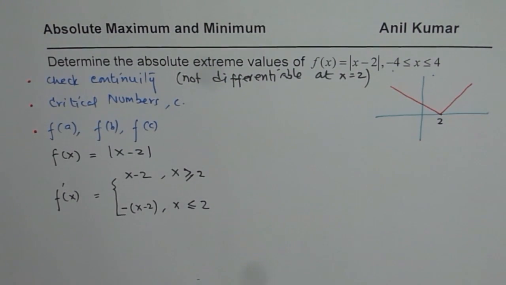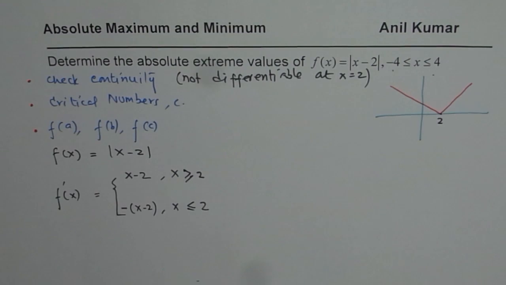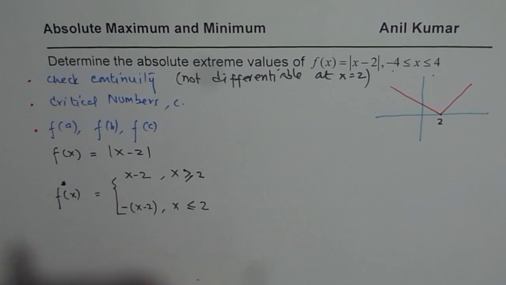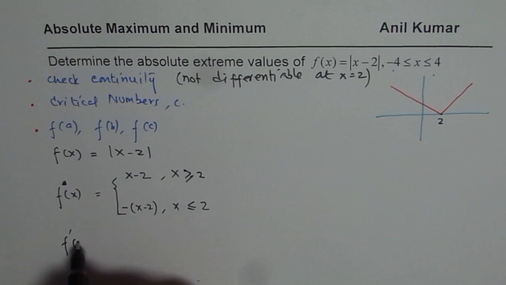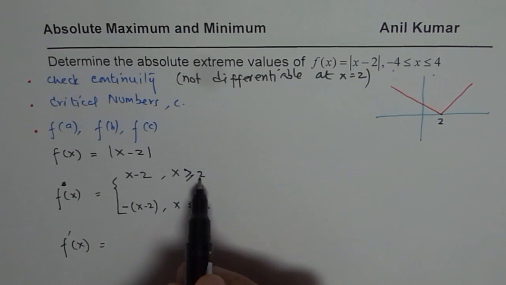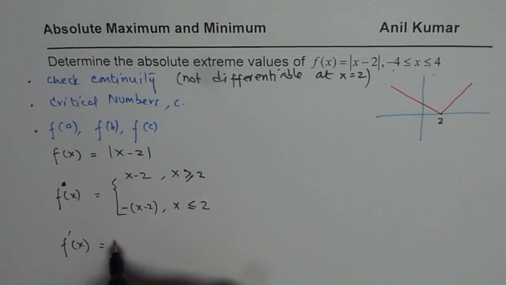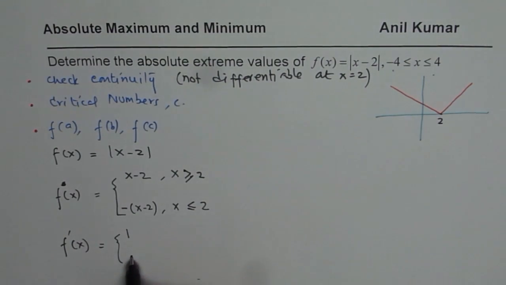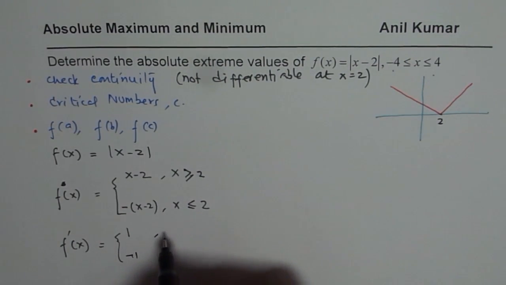So that is how the function is defined, correct? Now let's find the derivative of this function. So the derivative for this function will be, when x is greater than 2, the derivative will be 1, and when x is less than 2, it is minus 1. So this is the derivative.